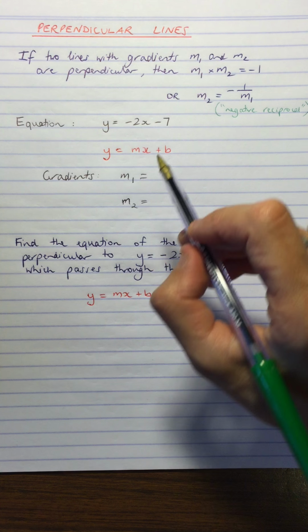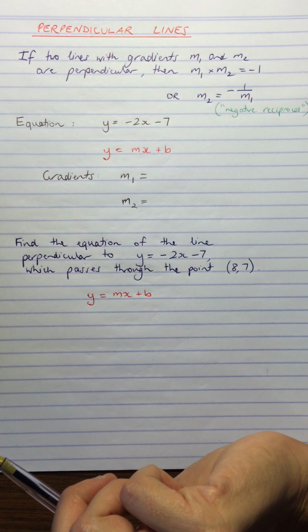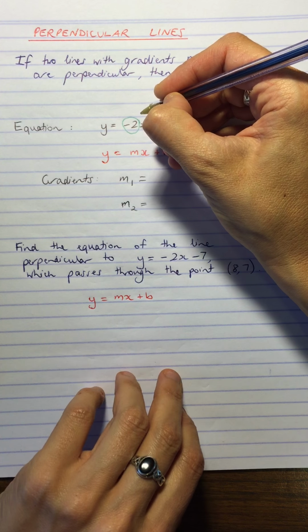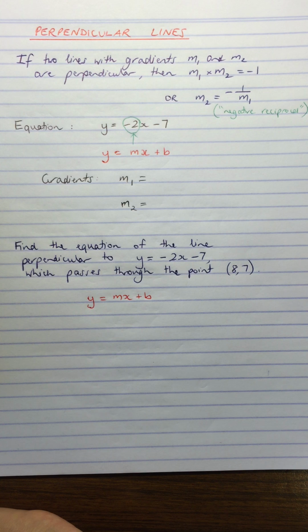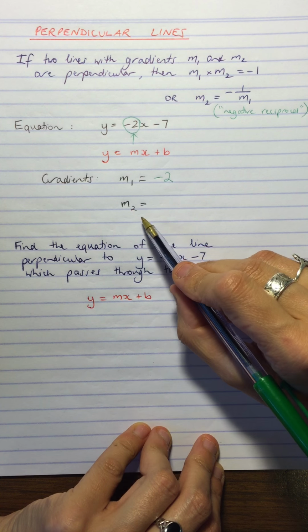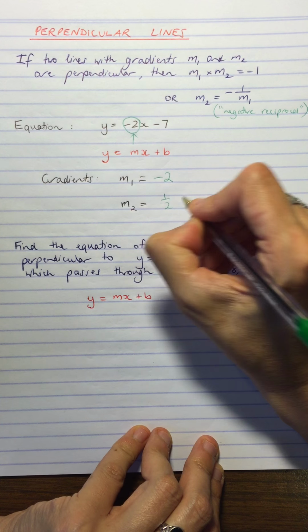The given equation is y equals -2x minus 7. We don't really need to worry about the y-intercept, so let's just focus on the gradient. The gradient is m equals -2. Now, if the first gradient, m1, is -2, the second gradient will be the negative reciprocal, which in this case is 1/2.